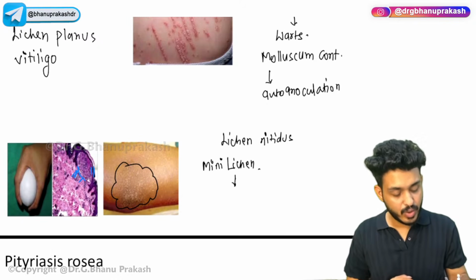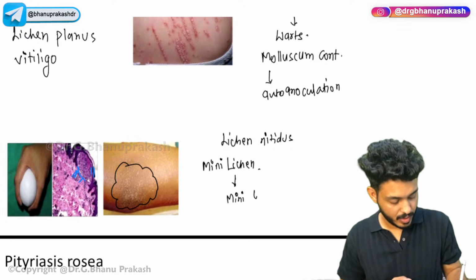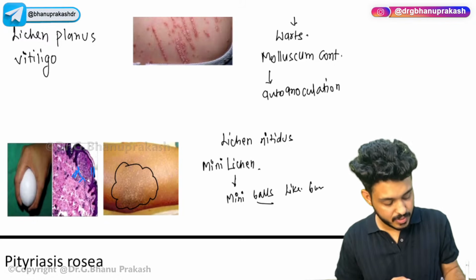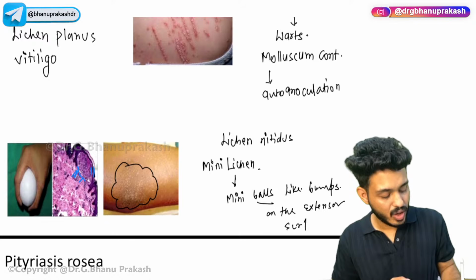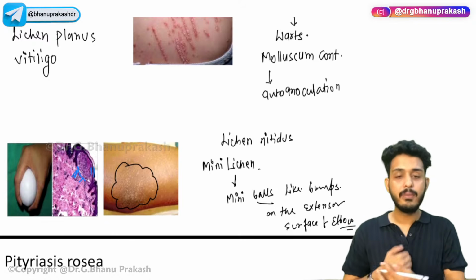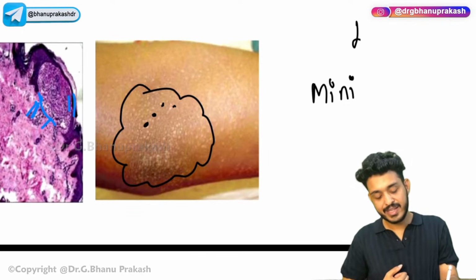You will be having mini ball-like bumps on the extensor surface of the elbow. Tiny bumps on the extensor surface of the elbow. You will be finding this type of thing.